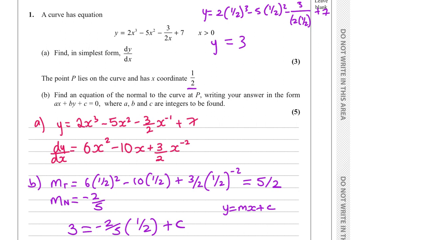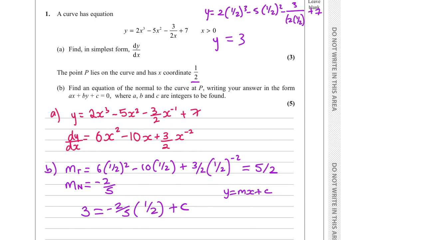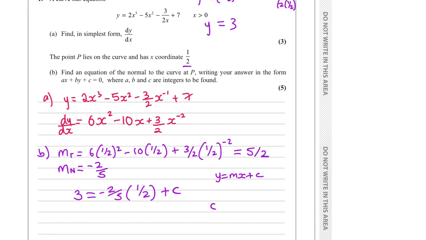So we're going to have 3 plus 2 over 5 times a half is 16 over 5. So my c equals 16 over 5. So I'm going to get y equals negative 2 over 5 x plus 16 over 5.